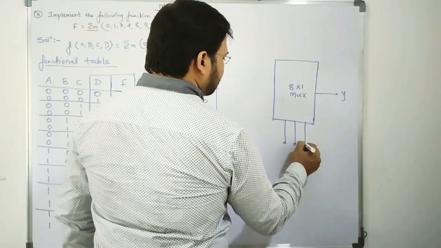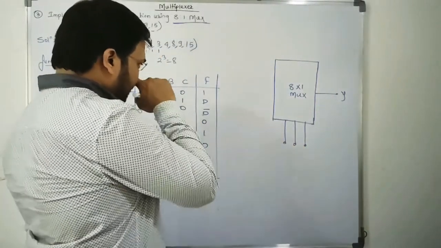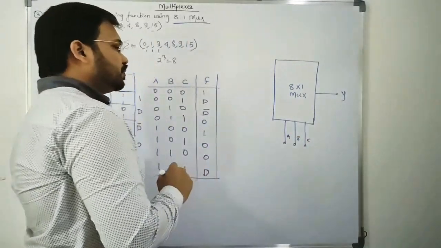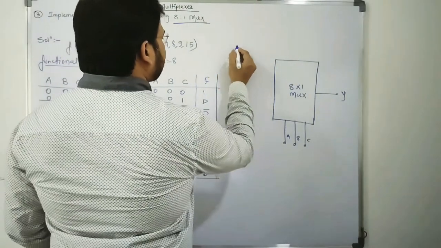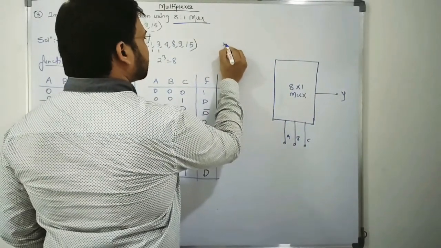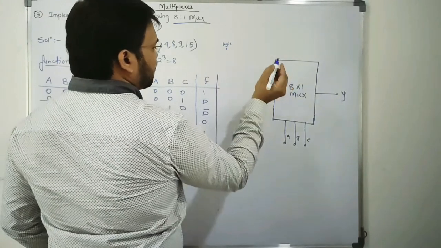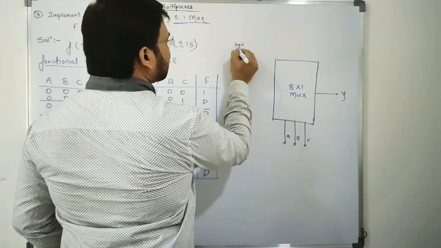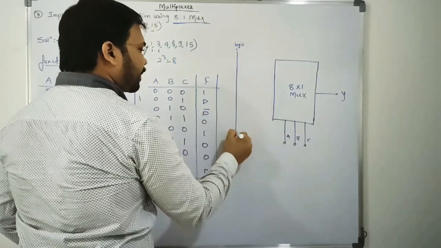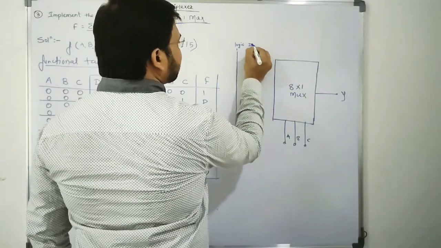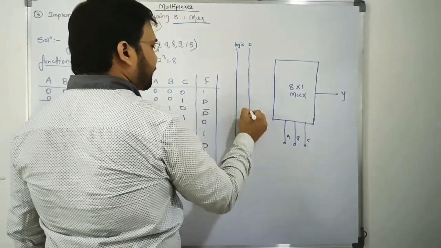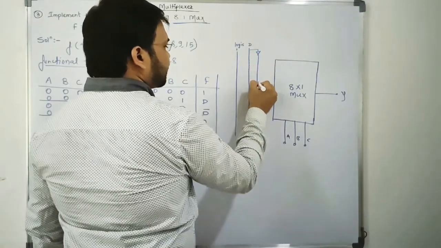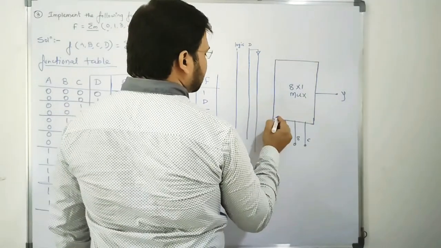No doubt we can see that the select lines are A, B, C. So inputs as ABC, and here this is your logic 1 line. Next, the line D, input D, this is an inverter that gives D bar.